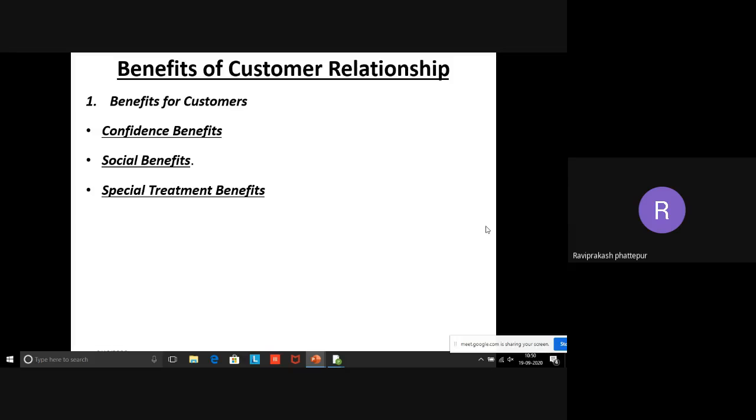Next, when he becomes a friend, we look into the personal factors: what he needs, what he desires, why he is coming to us, and what kind of attributes he is looking for in our service delivery. The last one is a tailored service delivery, made just for that particular customer based on his preferences. So the customer can have a special treatment benefit.